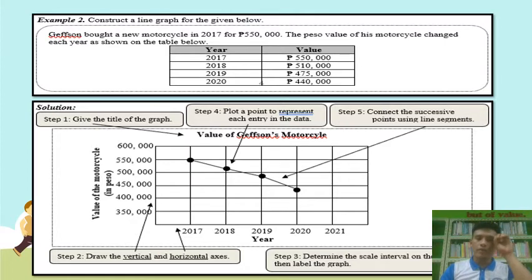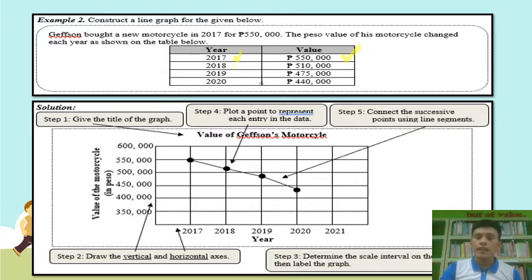Example number 2. Jeffson bought a new motorcycle in 2017 for $550,000. The peso value of his motorcycle changed each year, as shown on the table below. Year 2017, the value of the motorcycle is $550,000.